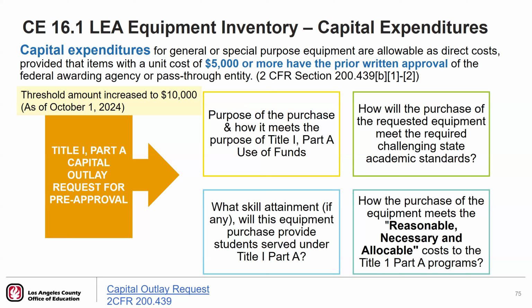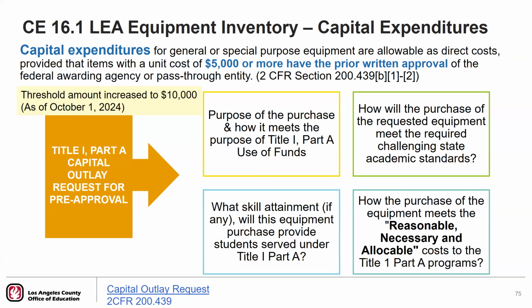LEAs or county offices need to provide a supporting quote or bid for each capital outlay request form that is submitted to the CDE for approval. And the purchase must be intended to improve, enhance, or expand the Title I eligible program to be funded.